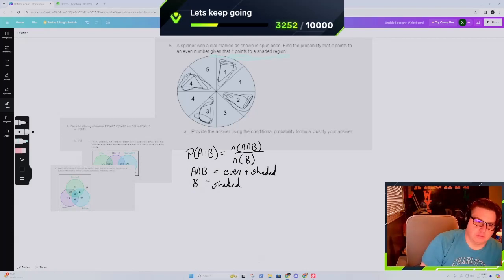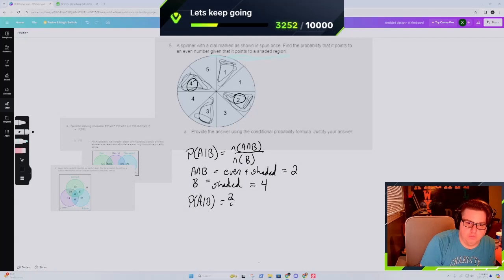So if we do this, how many even and shaded numbers are there? Well, the shades are our lines. So we have a 2 and we have a 4. So there are 2 evens that are shaded, and there's 1, 2, 3, 4 that are shaded. So when we put that in, the probability of A given B equals 2 over 4.